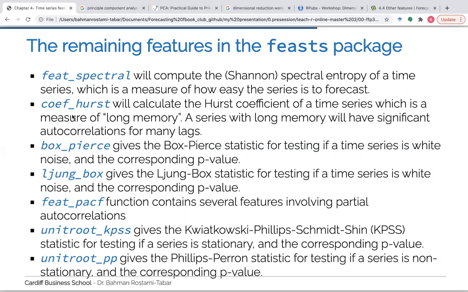We can also extract the Hurst coefficient, and this will calculate the Hurst coefficient of the time series. This is something related to autocorrelation as well, because it is a measure of long memory, and a series with long memory will have a very high positive autocorrelation for many lags.